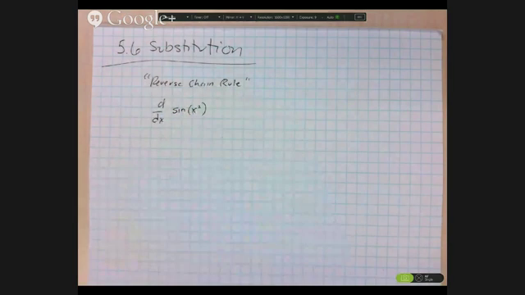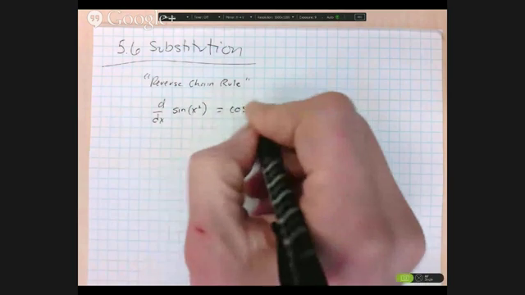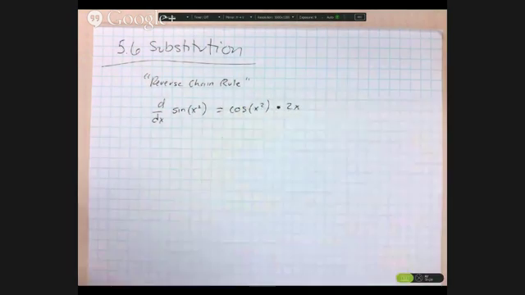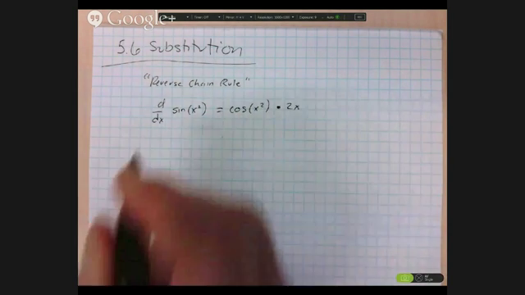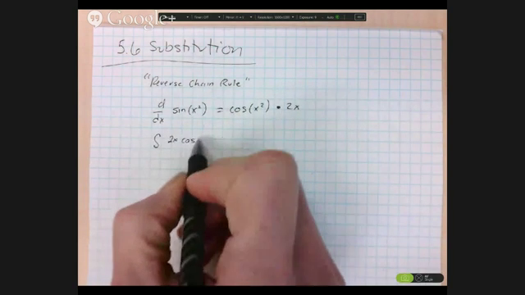What's the derivative of sine x squared? Times? Okay. So what does that mean, the integral of 2x cosine x squared is?